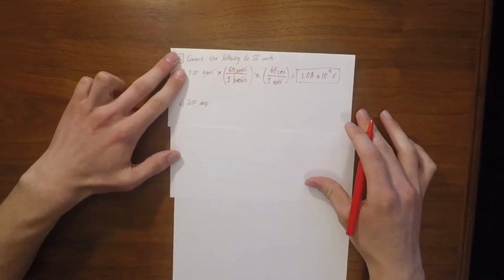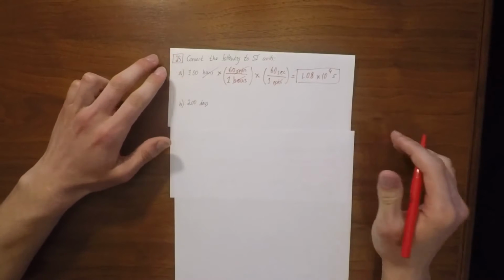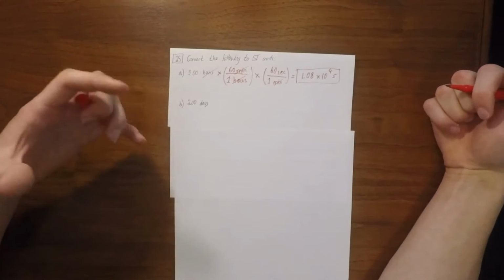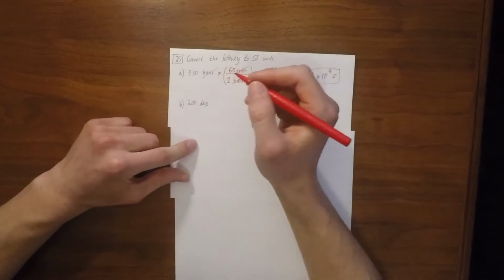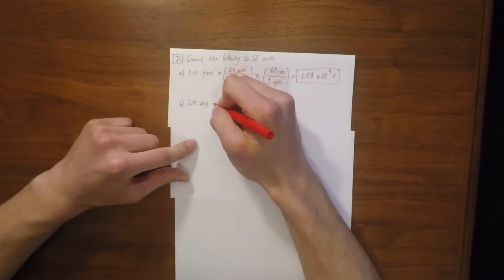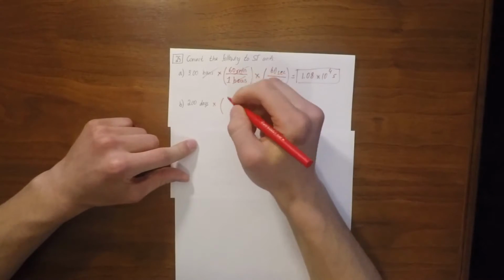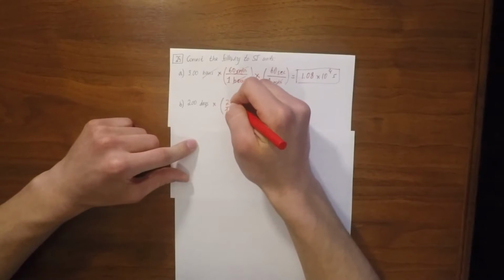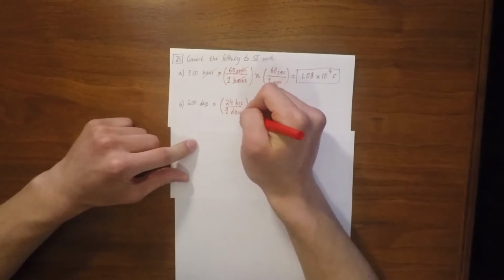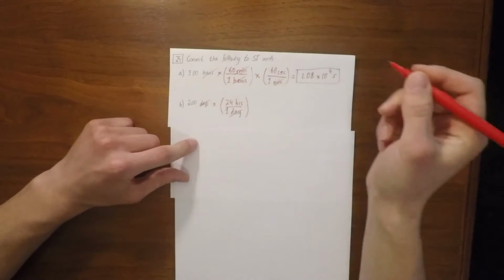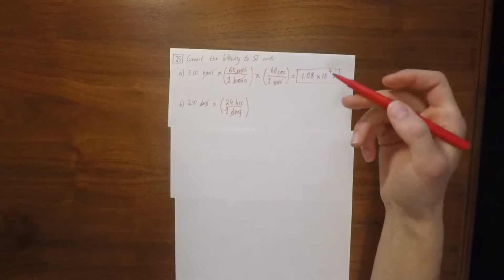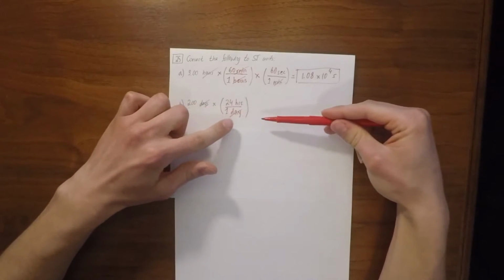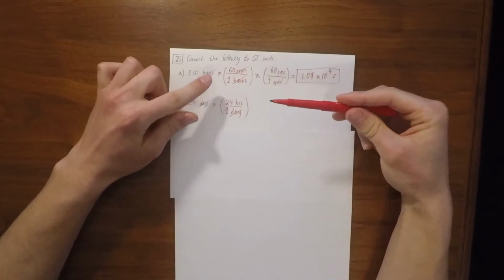B. We have to convert 2 days into seconds again, because the SI unit for time is once again seconds. Alright, so let's take it one step at a time. In one day, there are exactly 24 hours. That way the days will cancel when we multiply. But notice, we just created our own conversion factor. In 1 hour, there are exactly 60 times 60 seconds.